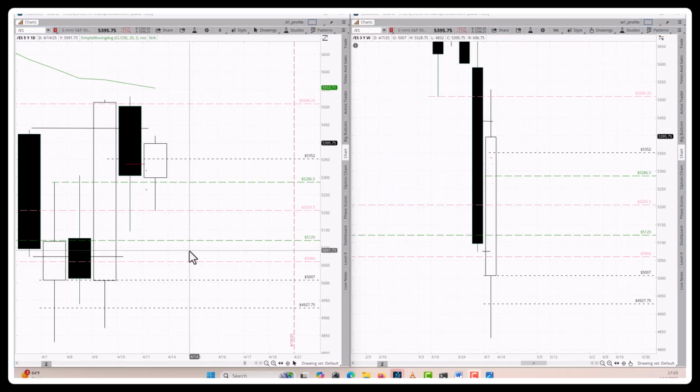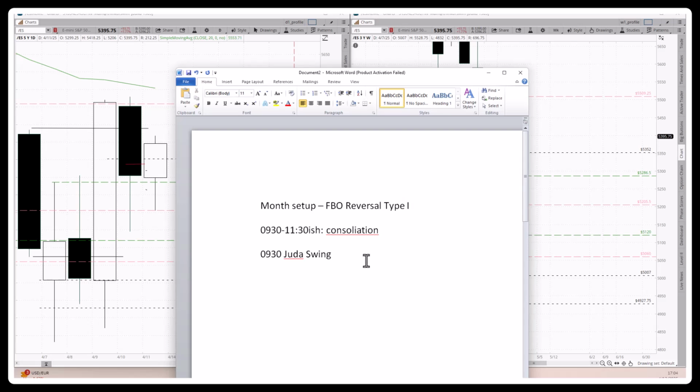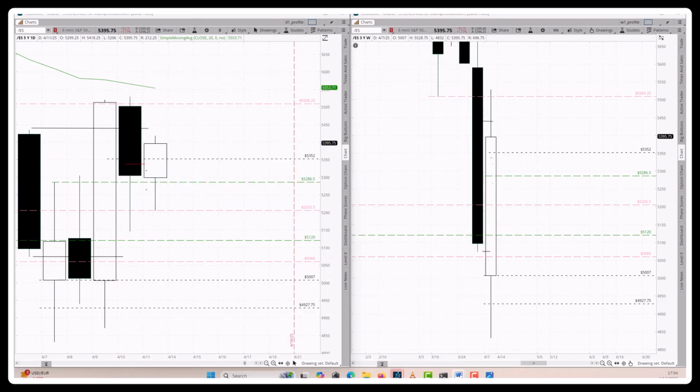So the takeaway for this week's profile is that the expansion move for the week happened on Wednesday. The expansion move for this week happened on Wednesday. So expansion on Wednesday. That's the note we put right there. The expansion move happened on Wednesday.